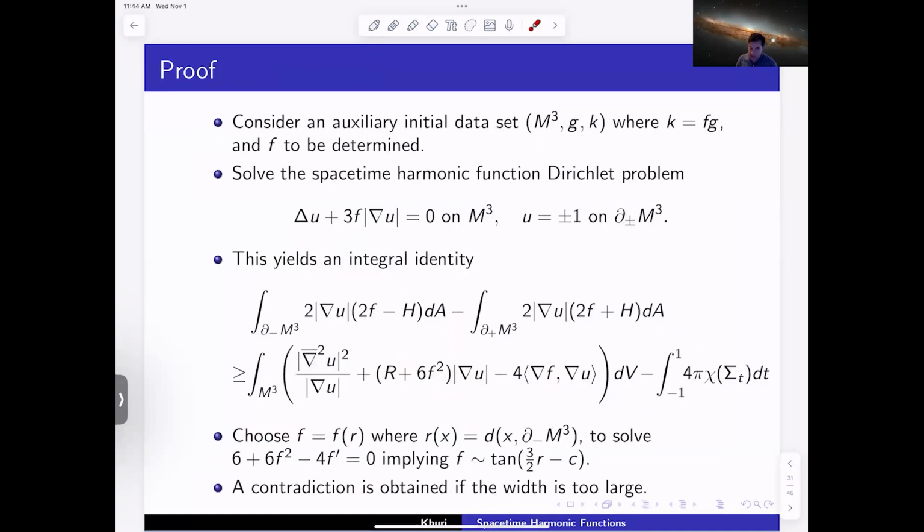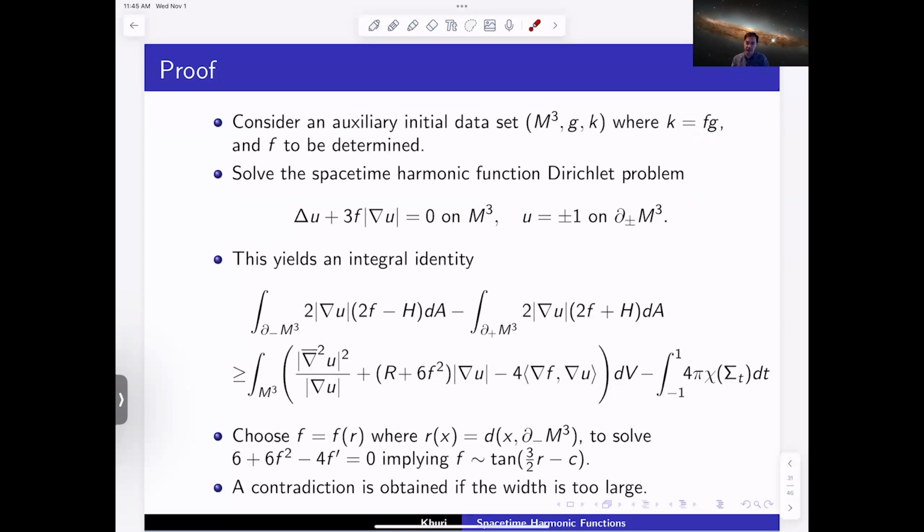This result was essentially already known, but the idea is quite interesting, and it elucidates a connection between the three approaches of Callias operators, mu bubbles, and spacetime harmonic functions. The idea is we start with a three-manifold, but we can append a fake initial data set, and we will choose our second fundamental form to be a function f times the metric.